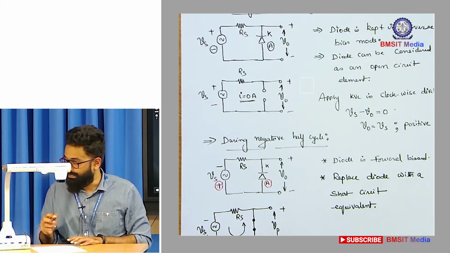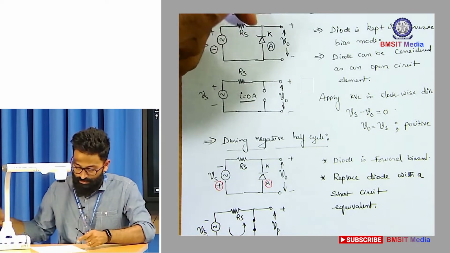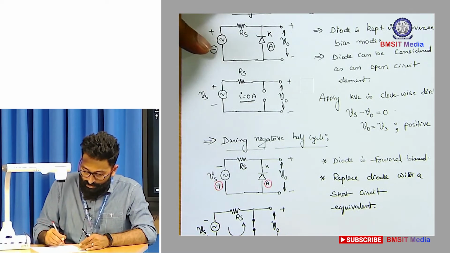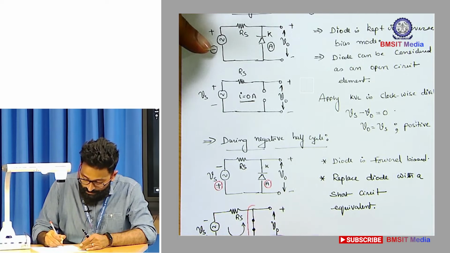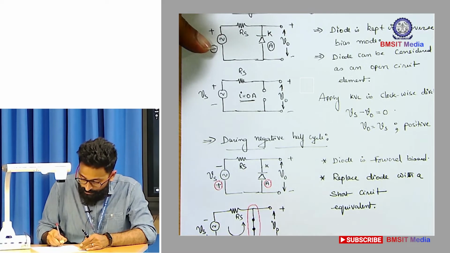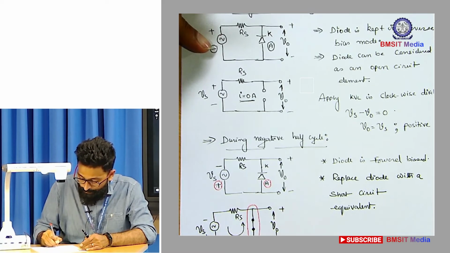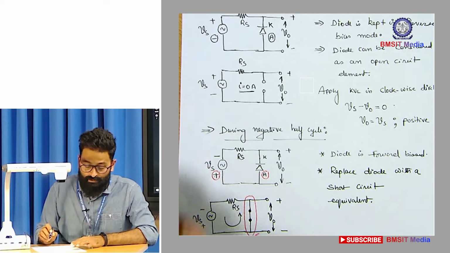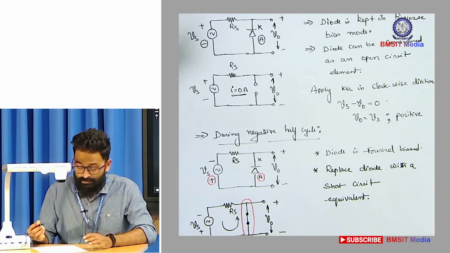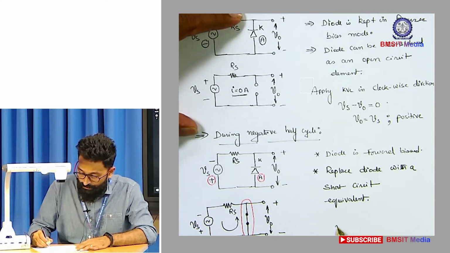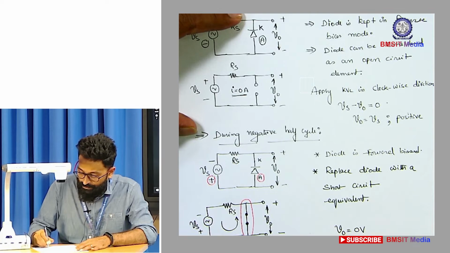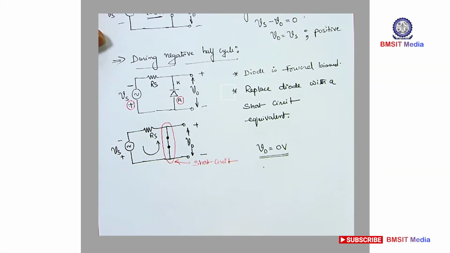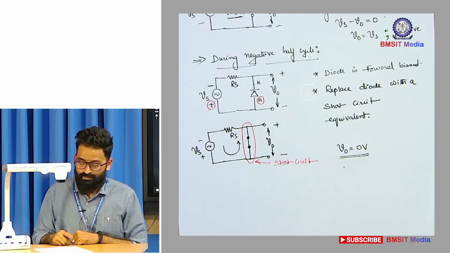So basically you are observing the output getting measured across the short circuit. Right. So voltage measured across a short circuit element is 0. So V naught is equal to 0 volts.